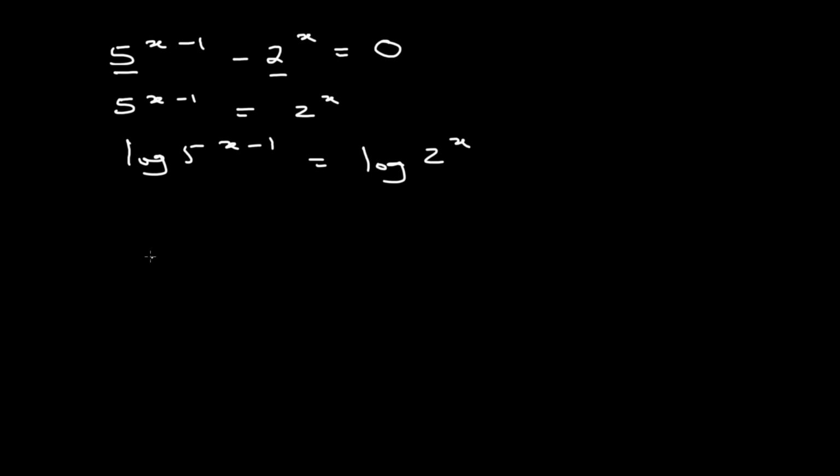Then remember that law, this one comes down. So this is (x minus 1), then we're going to have log 5 here. And then here we're going to have x log 2, like that.